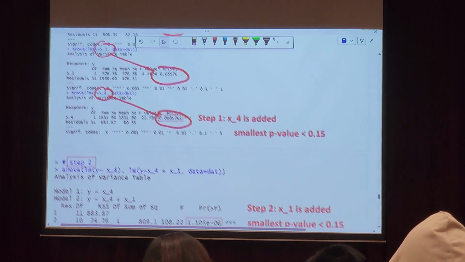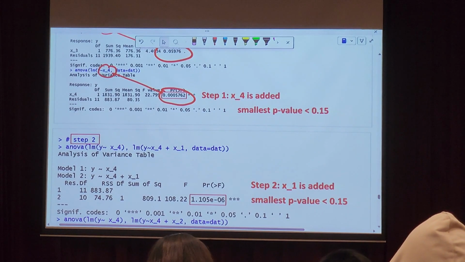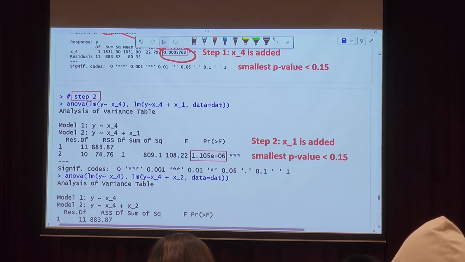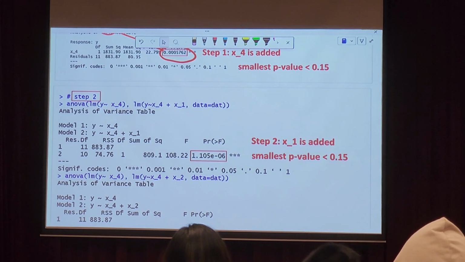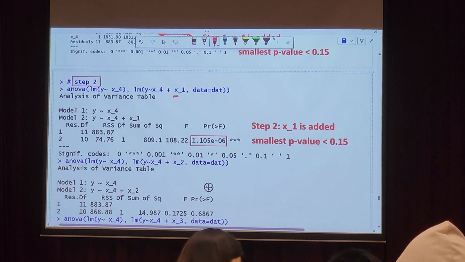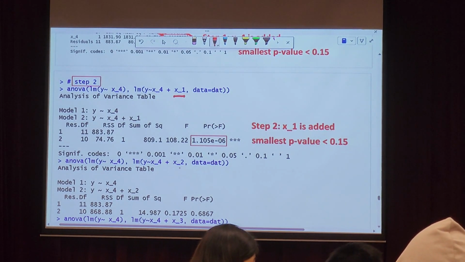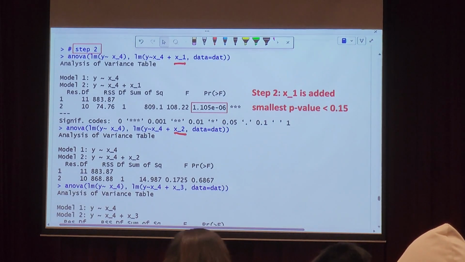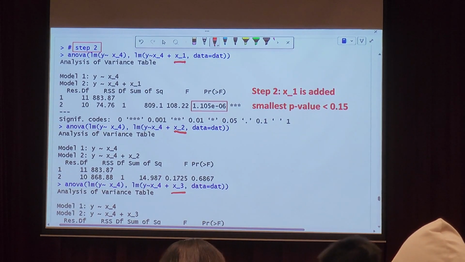So x4 is added. You got it? Now I'm doing stepwise. Next step, since I only have x4, I don't have to consider kicking x4 out, right? It doesn't make sense. So now I consider adding x1 into it, x2 into it, and x3 into it.